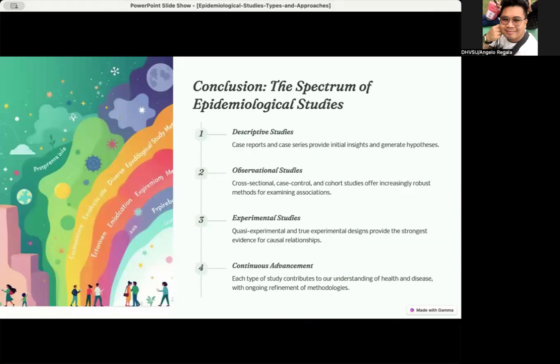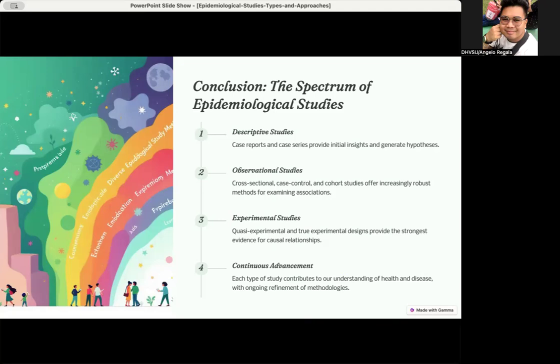We also have observational analytical studies: cross-sectional, case control, and cohort, which offer a robust method of examining association.